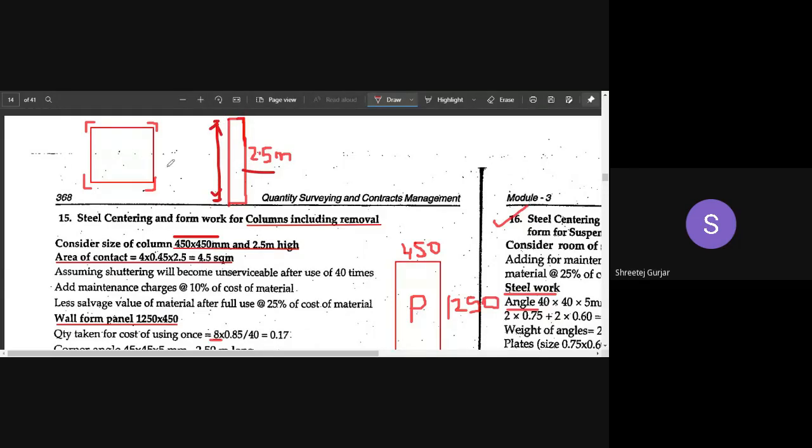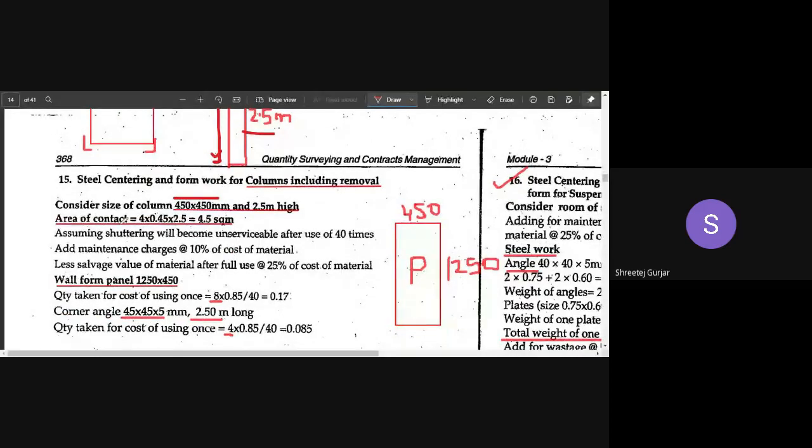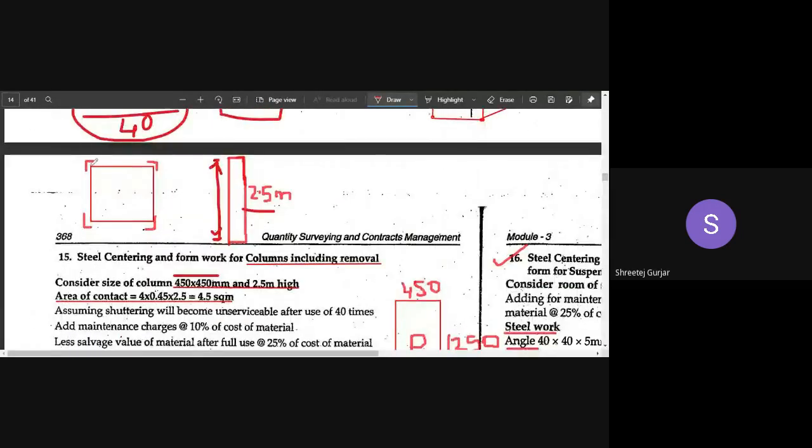Now, the area of contact, or this perimeter. Can you calculate this perimeter and multiply that by the height? 450 by 450, multiply that by the height and tell me the answer in meters.